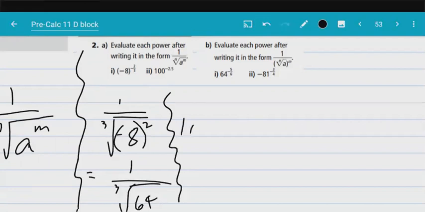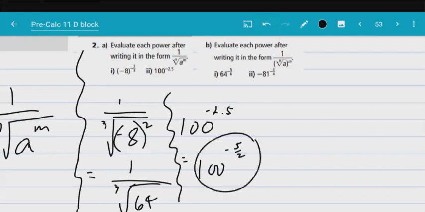100 to the negative 2.5, I will rewrite as 100 to the negative 5 halves. Now, guys, this is what we are going to write as a radical.